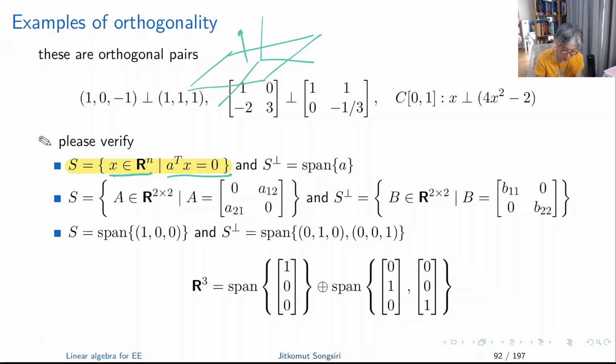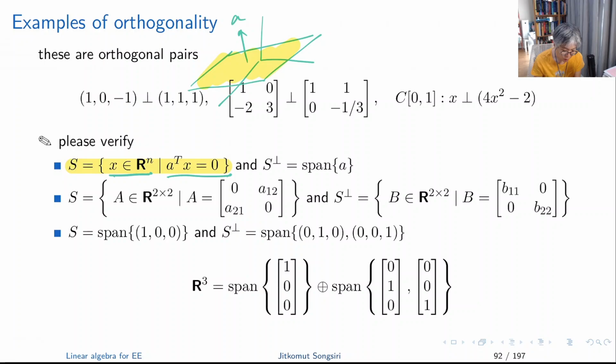A hyperplane that is described by a normal vector A. And this hyperplane has to pass through the origin. The reason why it has to pass through the origin is for S to be a vector space, and we can see that from the translation term. Otherwise, it's not. Okay.